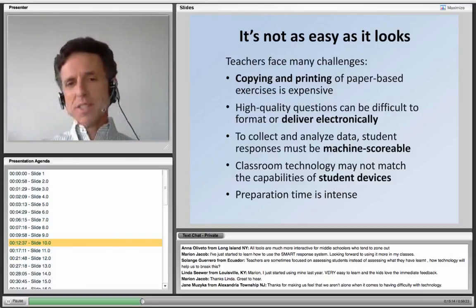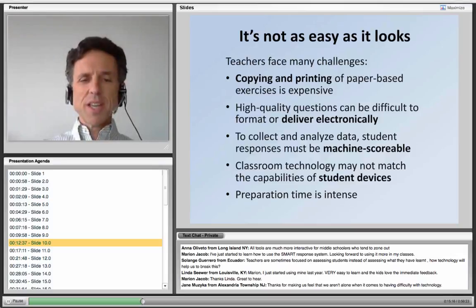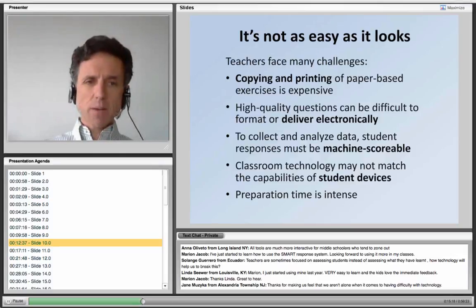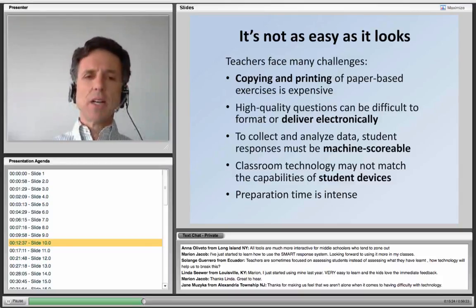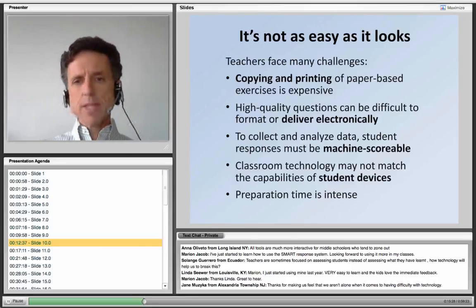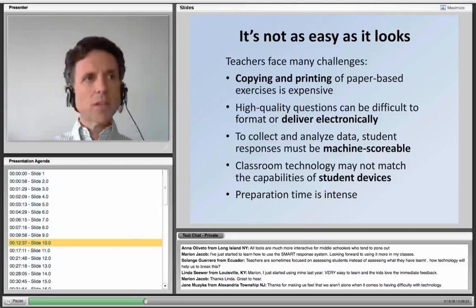And artificial intelligence has still not reached a point where most of this real-time formative assessment equipment can do much more than multiple choice, maybe true-false, maybe matching columns. It might be able to handle some numeric and free response answers. But this can be a real issue if a teacher's trying to get feedback from students, is how to get the answers and then how to get software that can interpret them.